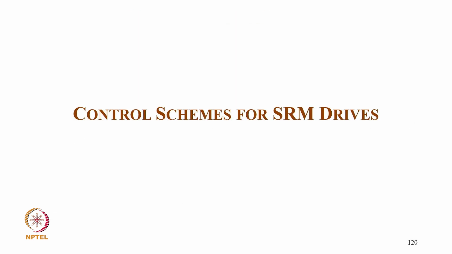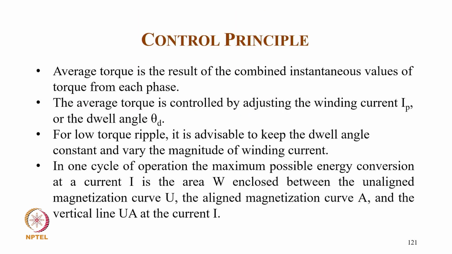Now coming to control scheme for reluctance motor drive. The average torque is the result of the combined instantaneous values of the torque from each phase, and the average torque is controlled by adjusting the winding current I or the dwell angle theta d. For low torque ripple, it is advisable to keep the dwell angle constant and vary the magnitude of winding current.